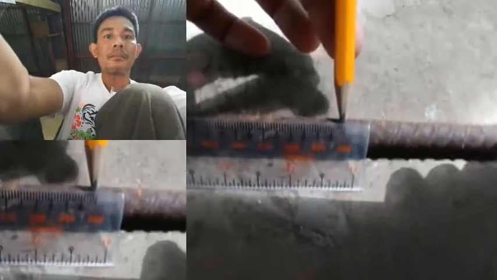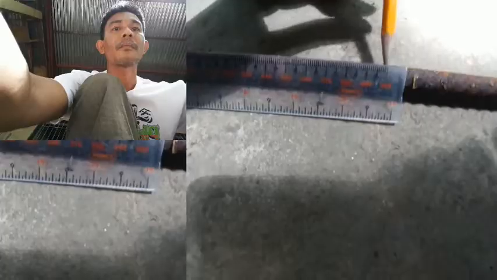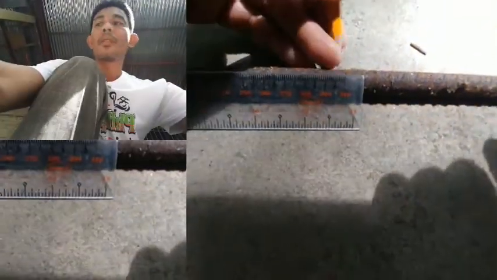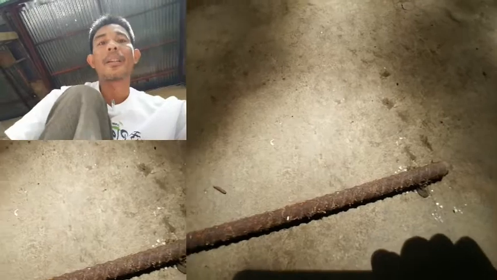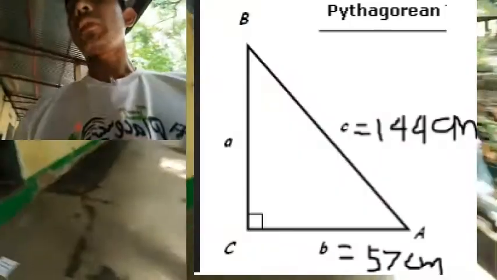Be sure that it coincides with your mark. So that's 60, 90, 120. So the length of the round bar is 144 centimeters.